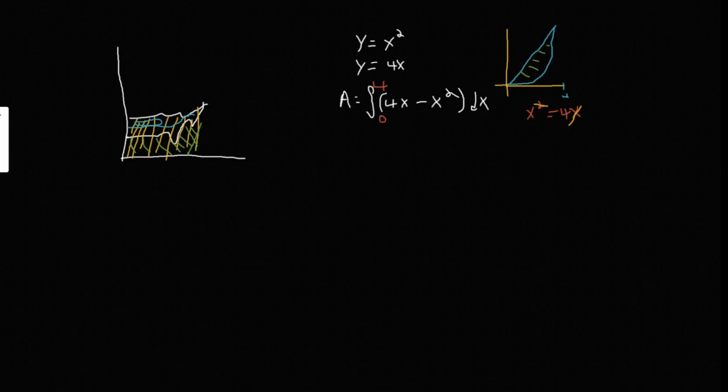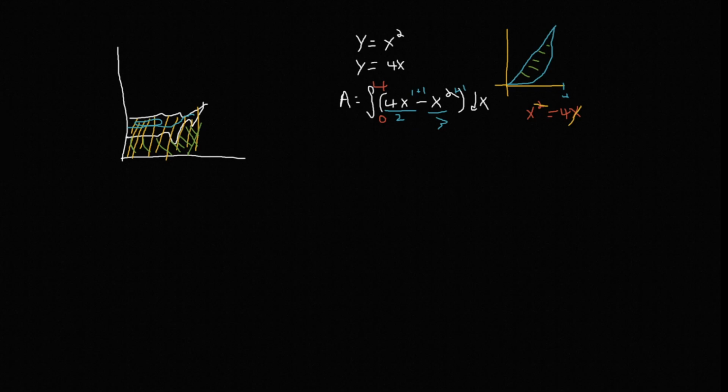So we're going to perform our power rule. We're going to add 1 to the exponent. So this is x to the first plus 1. And then divide by that new exponent. Add 1 to the exponent and divide by that exponent.